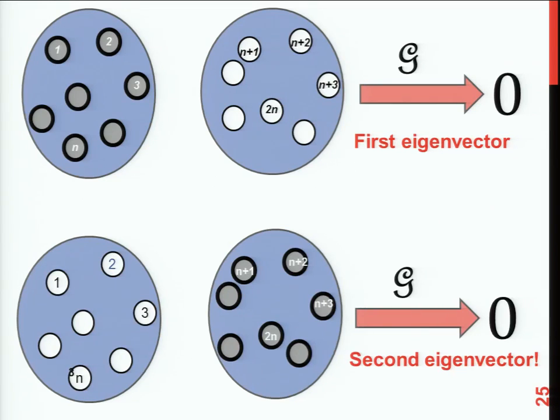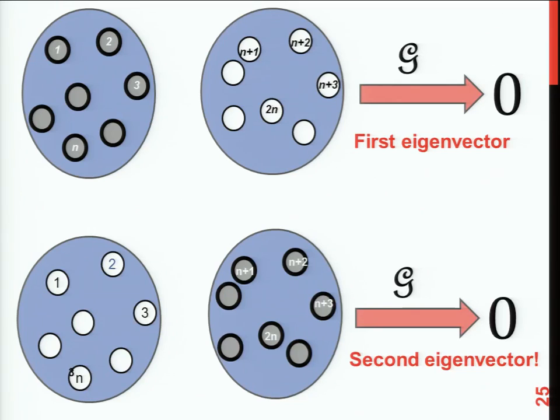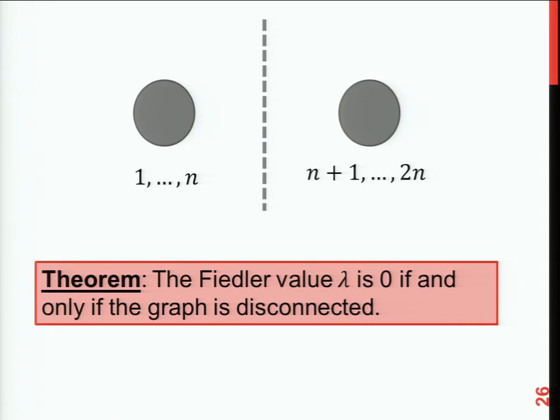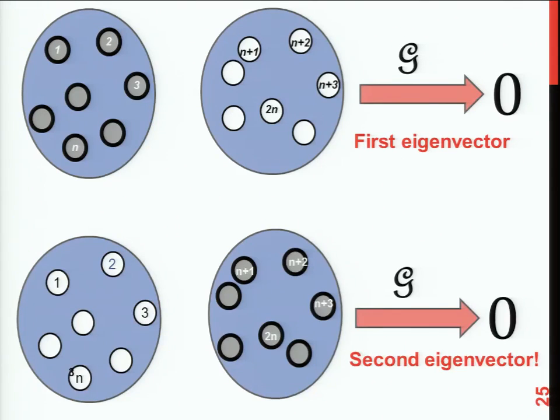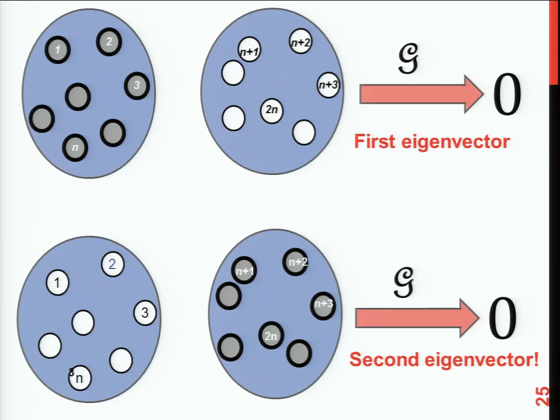So what is the spectral algorithm? You just order the vertices according to the value of the second eigenvector. So you would put all the vertices here at 0, and you would put all the vertices here at the same place, at 1 by root n.